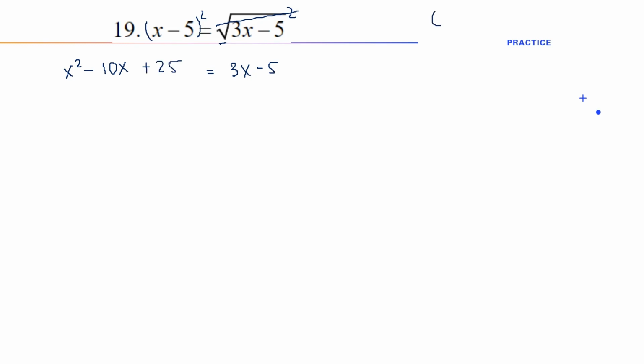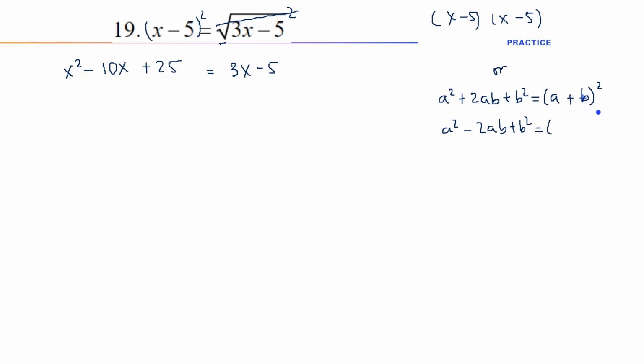You can find it by x minus 5 times x minus 5, or remember that a plus b squared equals a squared plus 2ab plus b squared, or a minus b squared equals a squared minus 2ab plus b squared.